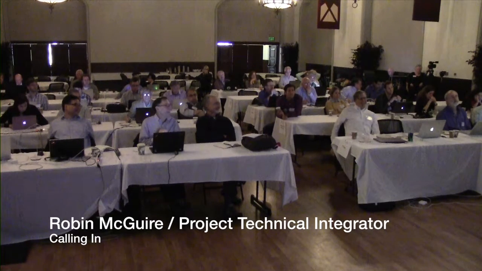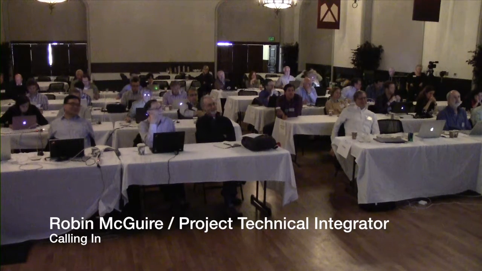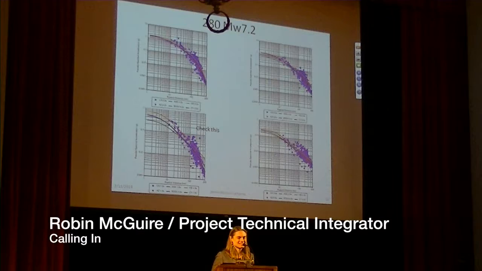Katie, this is Rob. Yes? Robin, could I ask a question? Sure. It looks to me, you've got a lot of orders of magnitude on these plots, but it looks to me like most of the red dots are below the predictions out at long distances. Is that a fair assessment?